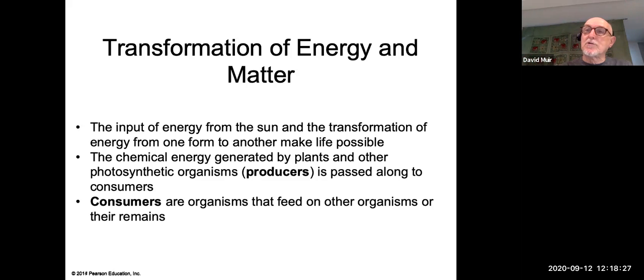The same is not true of the molecules that make up biomass. Biomass is the living tissue, the molecules that make up the living organism. On our planet, we only have a finite number of molecules.